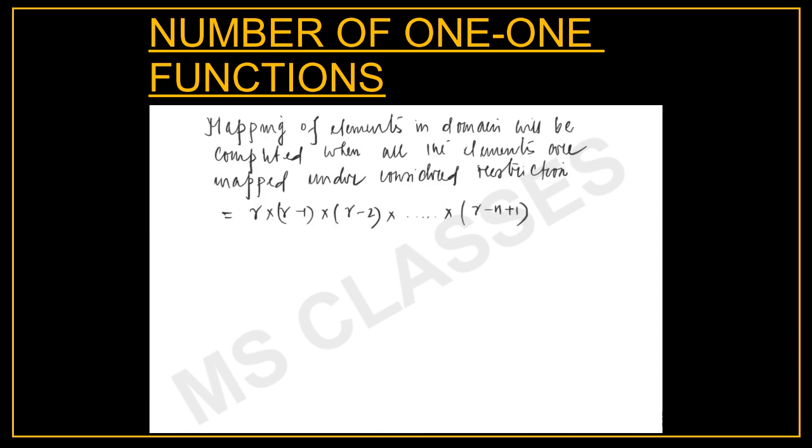Now we multiply this with a few more numbers, some extra numbers, so we'll adjust: R minus n into and so on down to 1. So from 1 we have taken R elements, so this will be R factorial. Here from 1 to R minus n, we write R minus n factorial. That is RPn.